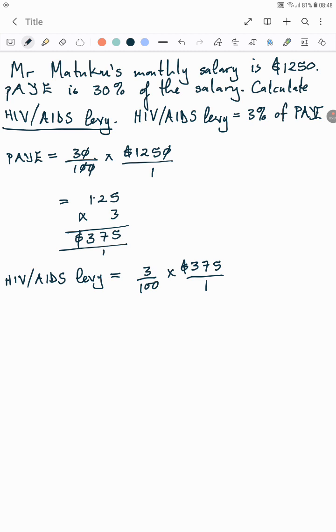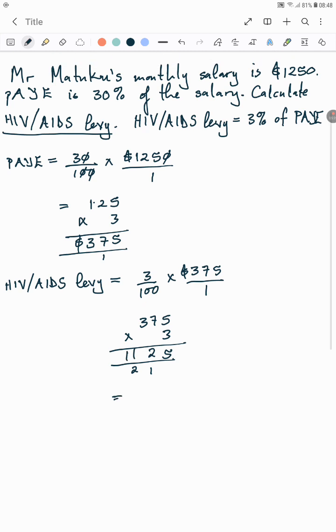We can multiply 375 by 3 and then divide that by 100. Here you get 15, 21 plus 1, that's 22, 3 times 3, that's 9, plus 2, that's 11. So here you write 1125 divided by 100.